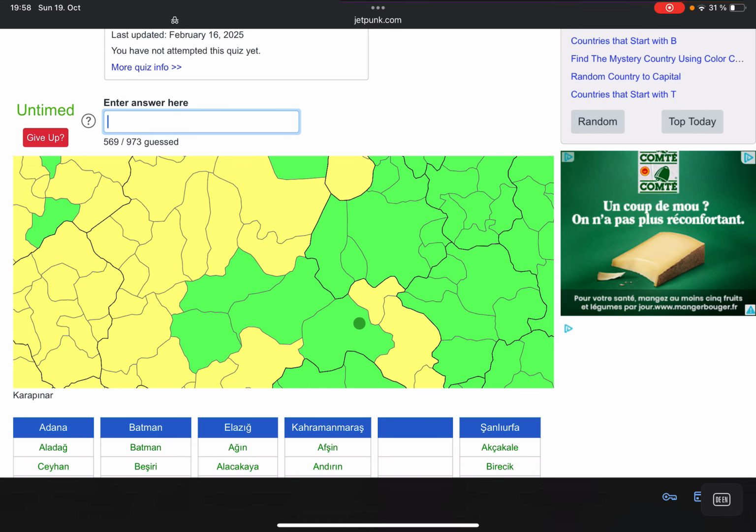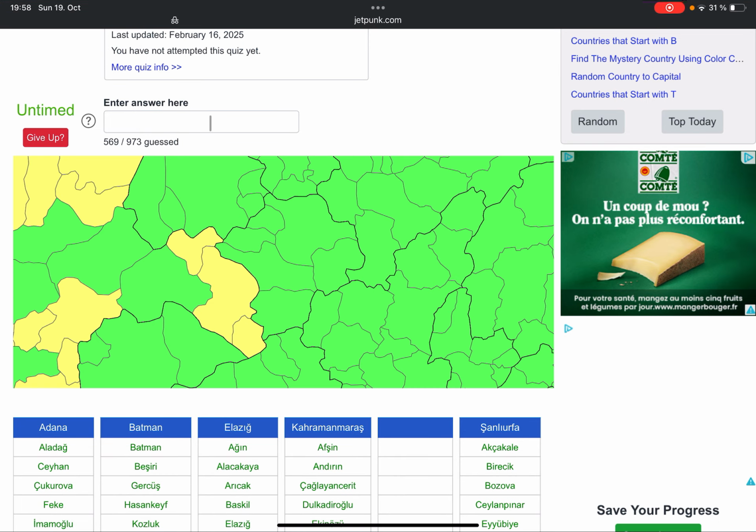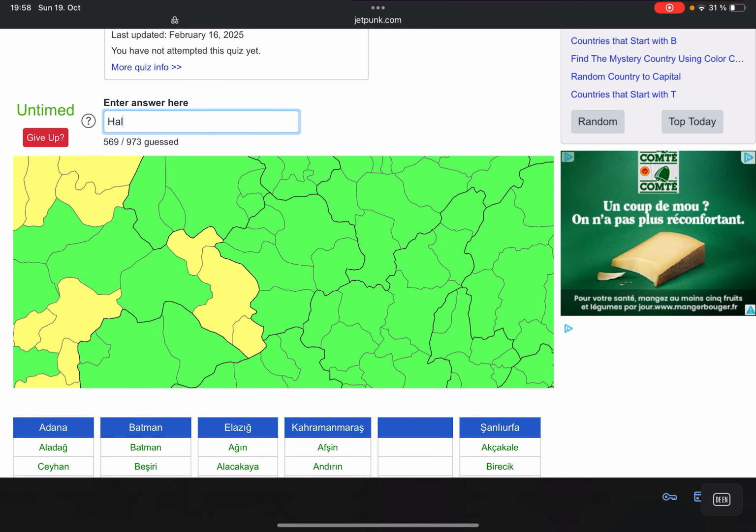So Karapınar is also part of the province of Konya, but not part of the city. So the city is just made up of these 3 districts, I think. And here, more towards the east, we have Halkapınar, or Halkapınar, but I think it's, yeah, never mind. We have Ereğli and Emirgazi.